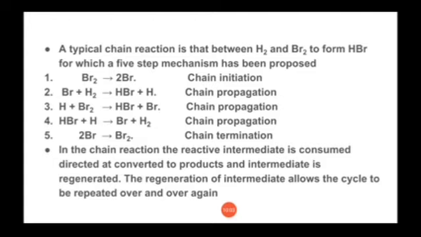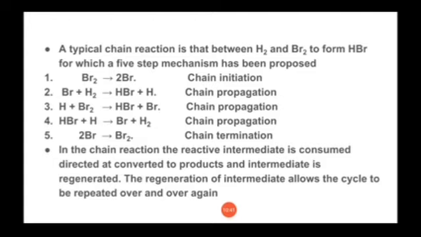Now here, in this chain reaction, the reactive intermediate is consumed directly and converted to products, and the intermediate is regenerated. You know these steps: in the first step Br is produced, so in the next step Br is used. In the second step H is produced, so in the next step H is used.